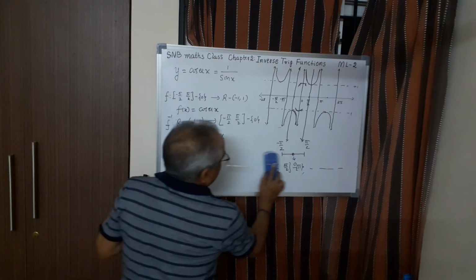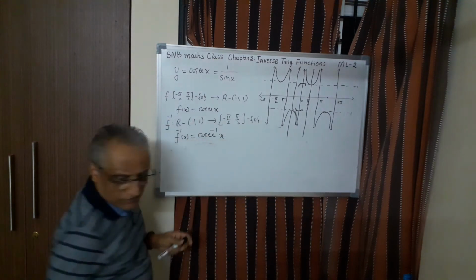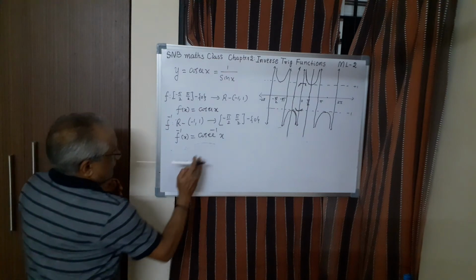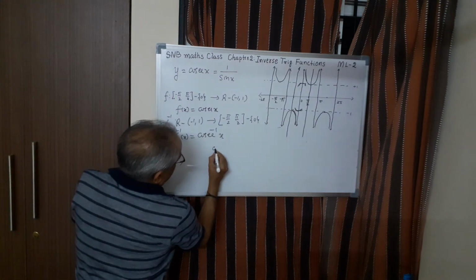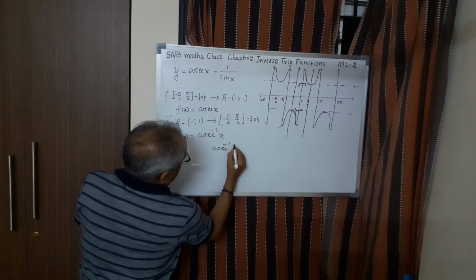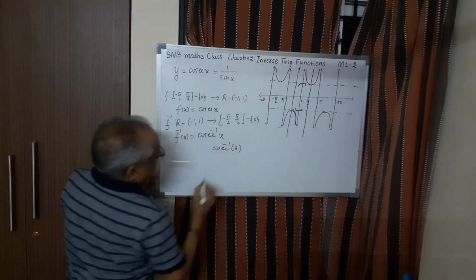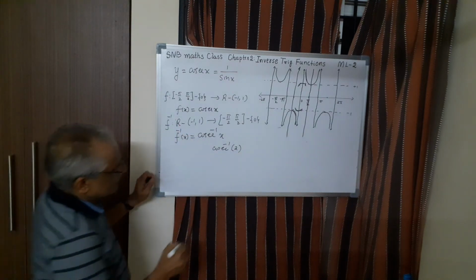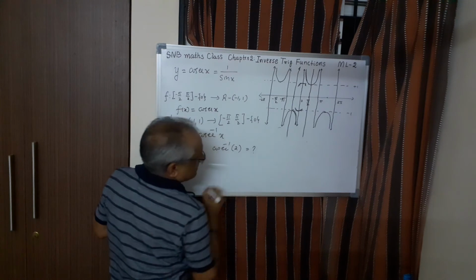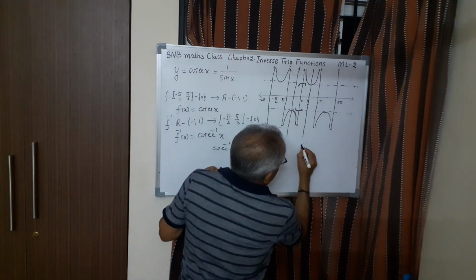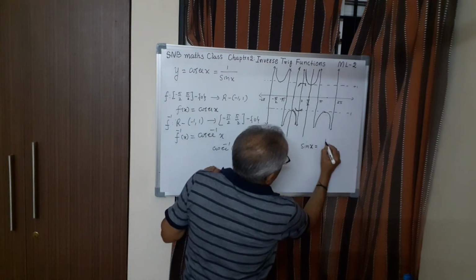Now, of course, as before, we can also find the principal value given a value like this. Say, for example, what is cosecant inverse 2? If you have difficulty, once again, what is this value if the question is asked? So you do like this. See, sine x equal to 1 by 2.